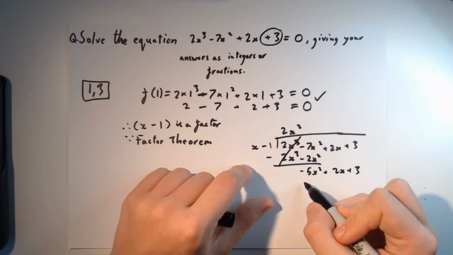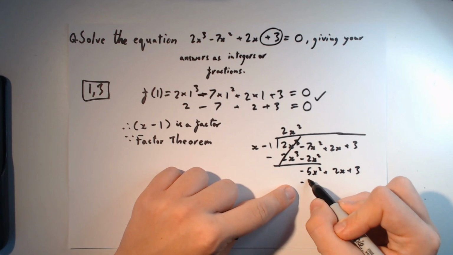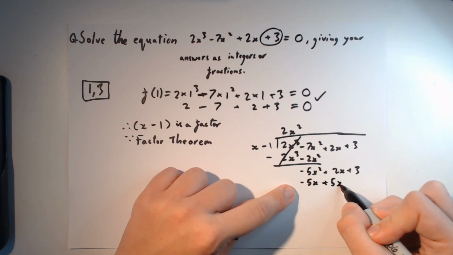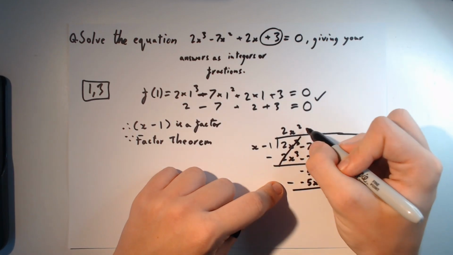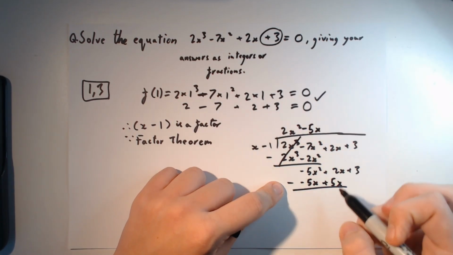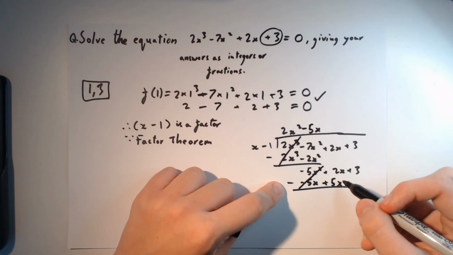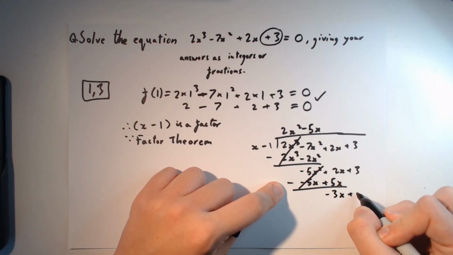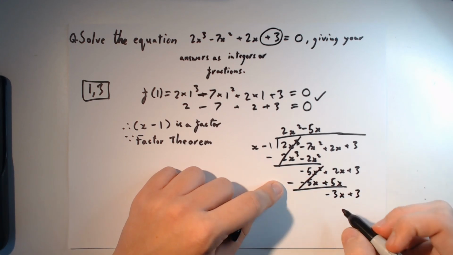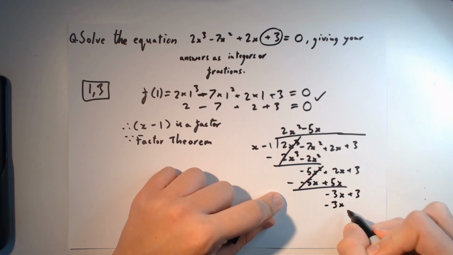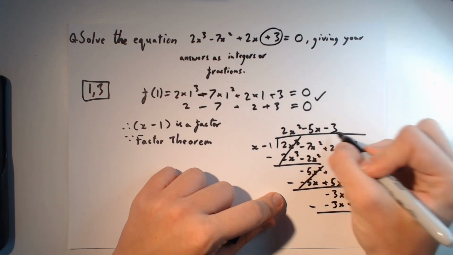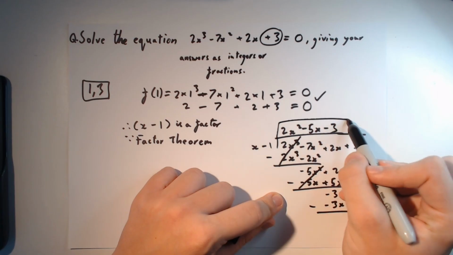We repeat. What do we multiply by? Minus 5x. We subtract. 2 minus 5 is minus 3x plus 3. What do we multiply by? Minus 3. And then we get to 0. So this is what we're left with.